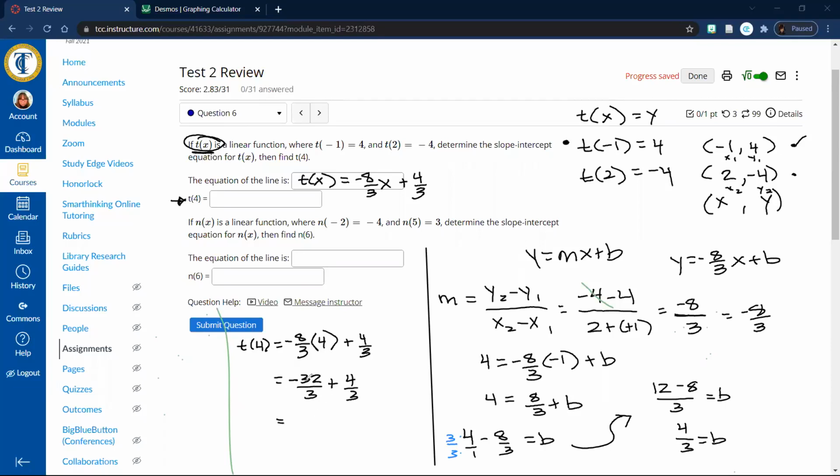So what's -32 plus 4? -28. And there's no way to really reduce that one, guys. That's just how it goes. So -28/3 is your answer for t of 4. Make sure if you can reduce it, you do.